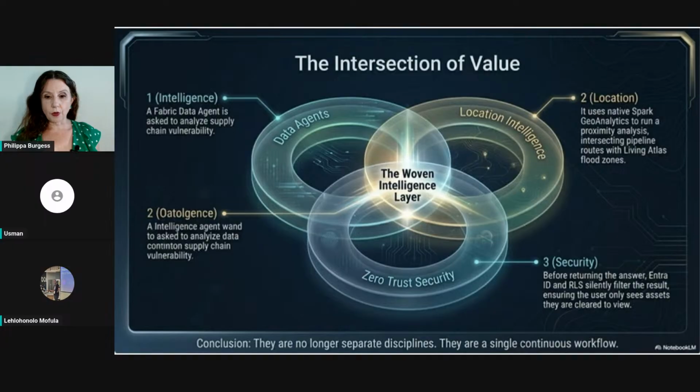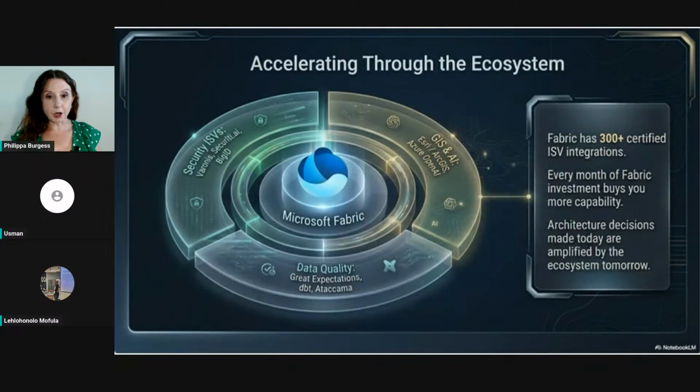And the whole event and our whole user group's reason to be is this intersection of value, bringing in agents, intelligence, location, and security, and the intelligent agent to analyze data, continued supply chain vulnerability. So the conclusion is they're no longer separate disciplines. They can be part of a single continuous workflow. And that's what we're here to talk about today.